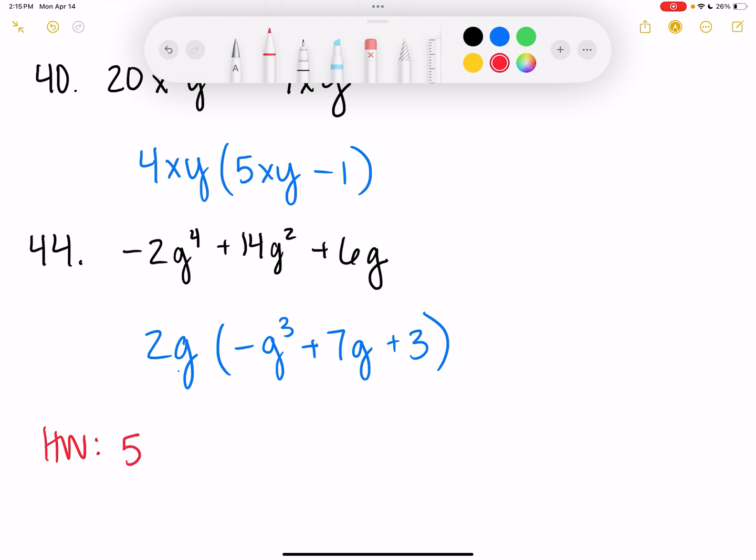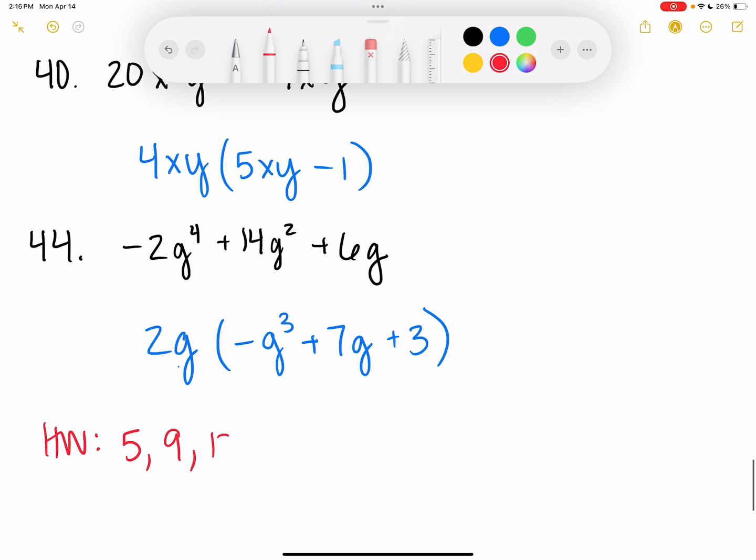Let's do 5, 9, 13, 19, 21, 27, 31, 33, 37, and then the ones that we just were doing, 41 and 45.